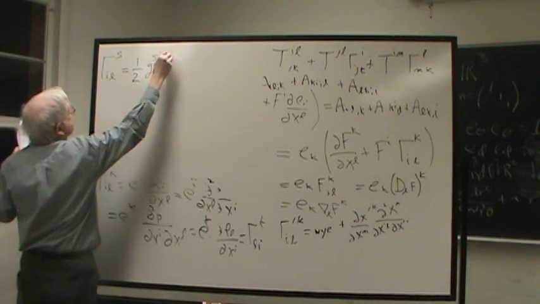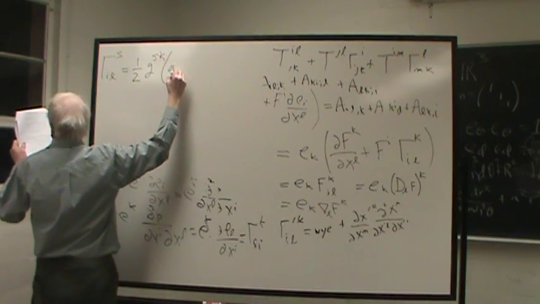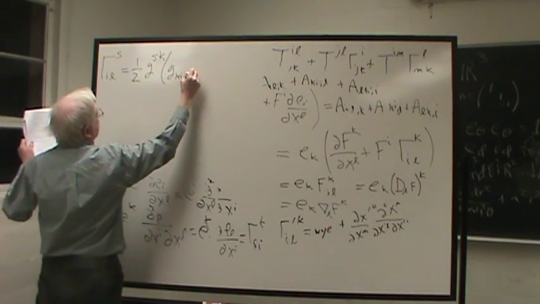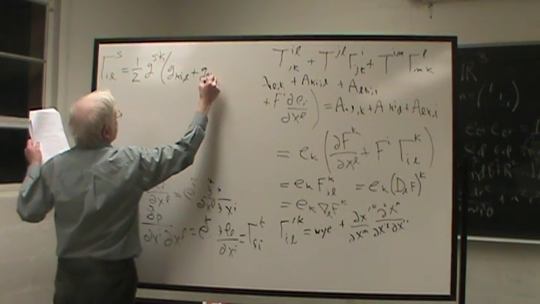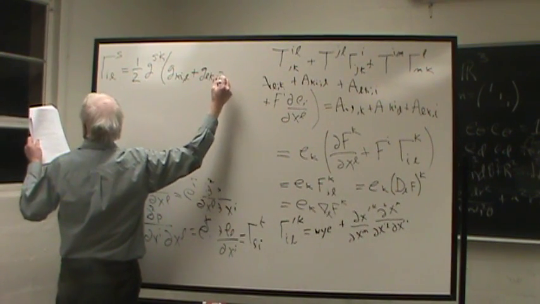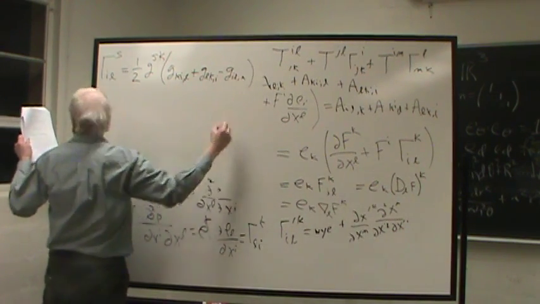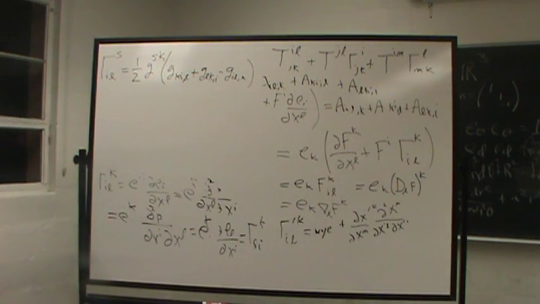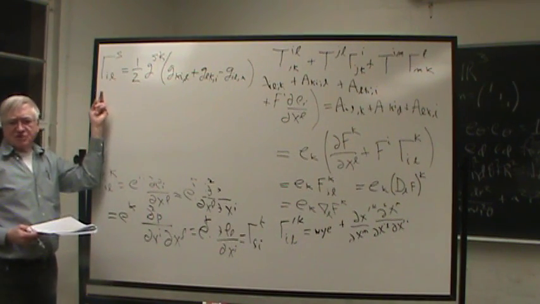And it's G^{SK}, G_{KI,L} plus G_{LK,I} minus G_{IL,K}. So in other words, the metric determines these Christoffel symbols.